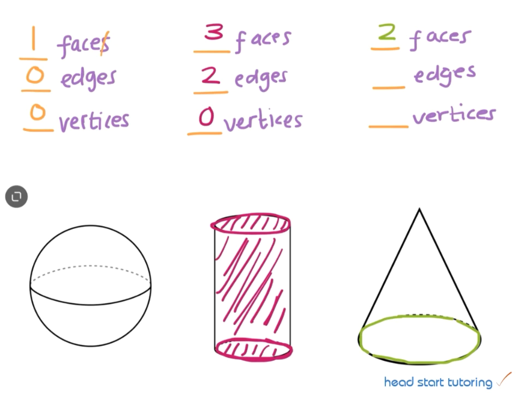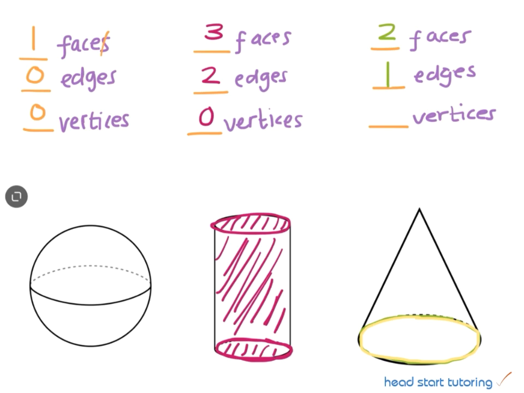So we have got 2 faces altogether in our cone, and we have got 1 edge, and that edge is the same over here. So there's our edge, and in the same way as with our cylinder, that edge joins our 2 faces together.